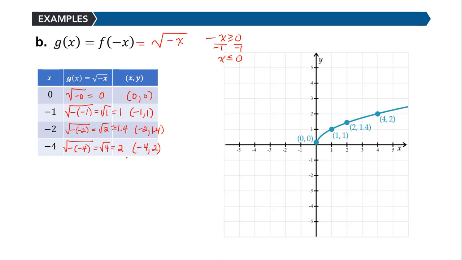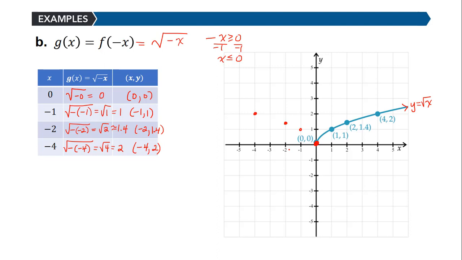So we want to plot the solutions to this function g on top of the graph of f. So again, y equals the square root of x, goes through these points 0, 0, 1, 1, 2, 1.4, and 4, 2. So we're going to plot the new points 0, 0, negative 1, 1, which is in quadrant 2, negative 2, 1.4, and then negative 4, 2.